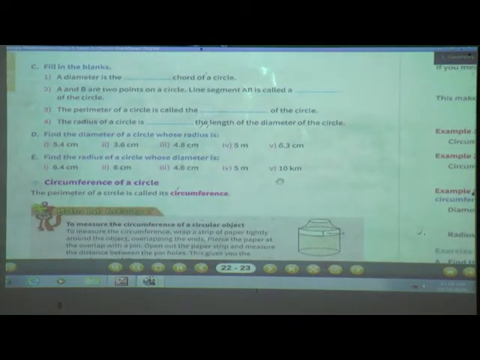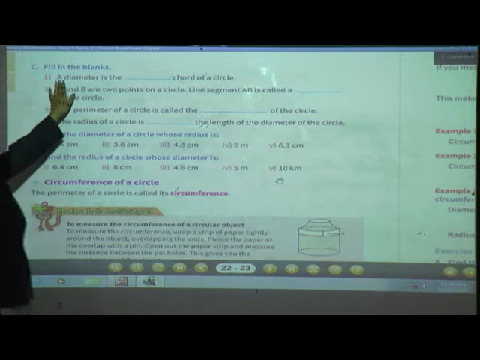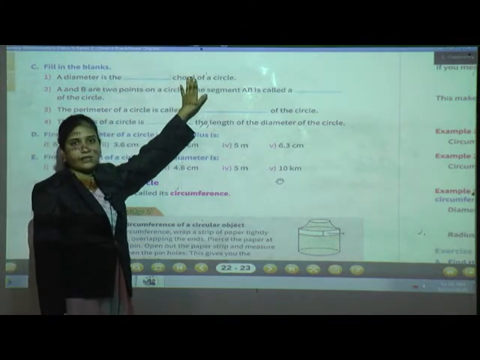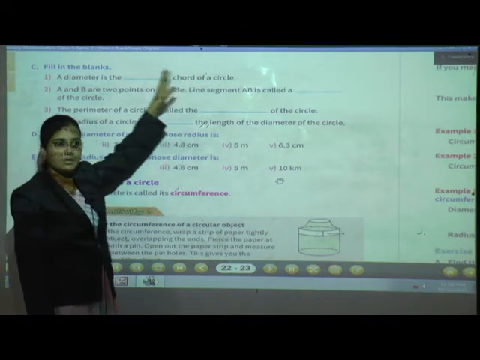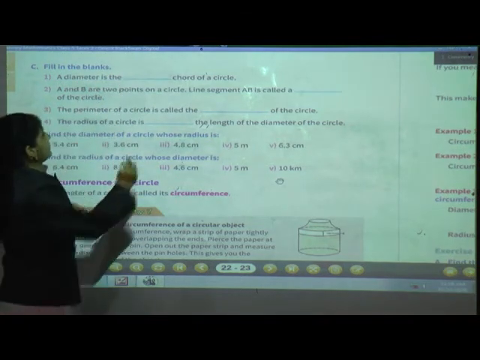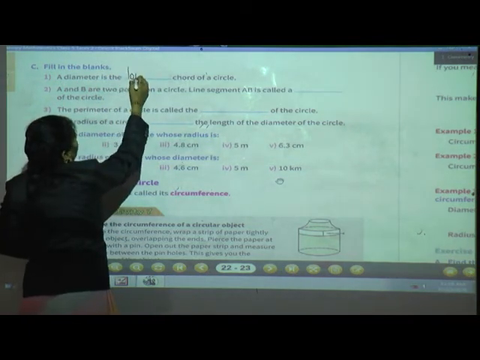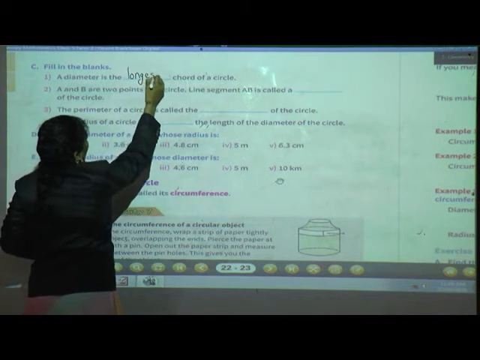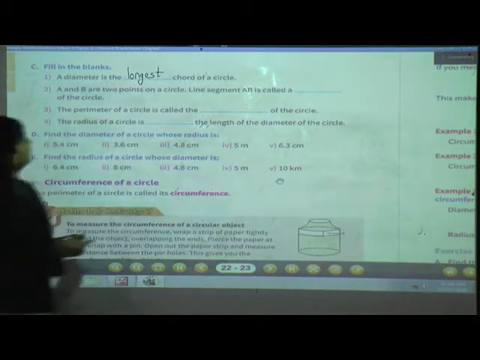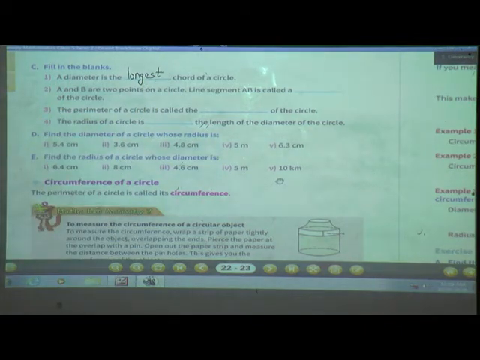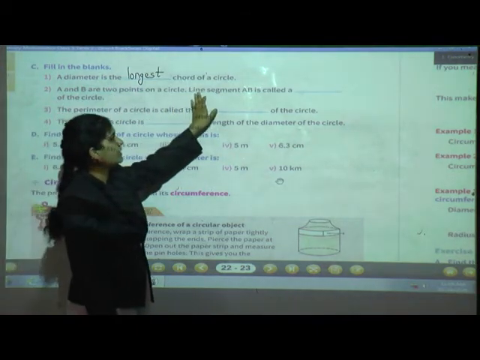Fill in the blanks. A diameter is the dash chord of a circle. Yes students, diameter is the longest chord of the circle. Now second one, A and B are 2 points on a circle.